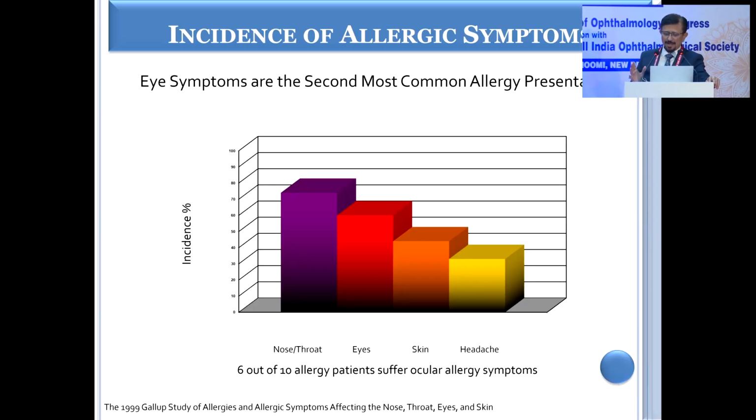That is why it has been shown that eye symptoms are the second most common allergic presentation, apart from, of course, the respiratory symptoms. People who are highly allergic develop these respiratory symptoms, and then they develop watering, redness, papillae and allergic eye conditions. So we have to handle them. Of course, the systemic management will be done by the physician, but we have to handle the ocular symptoms, and sometimes we do have to give systemic medication as well for ocular features.